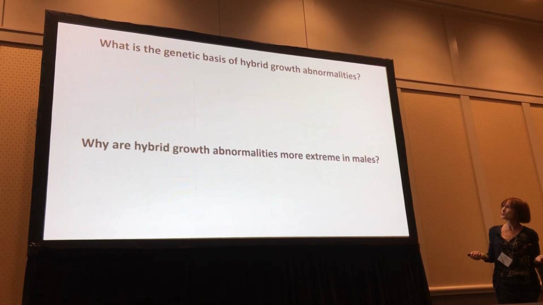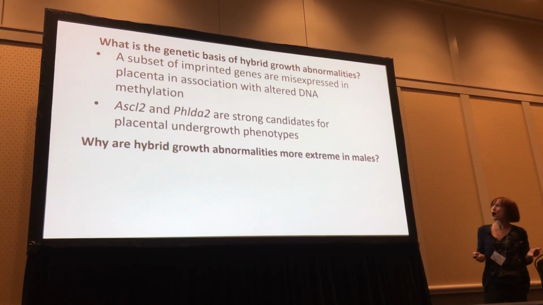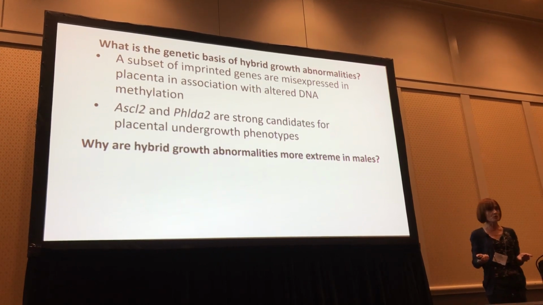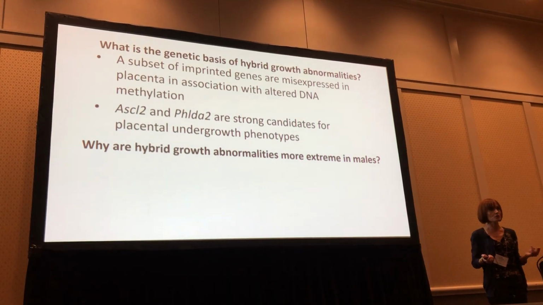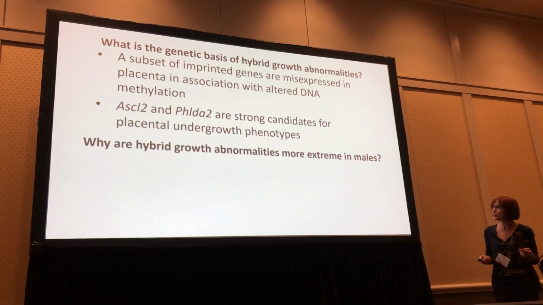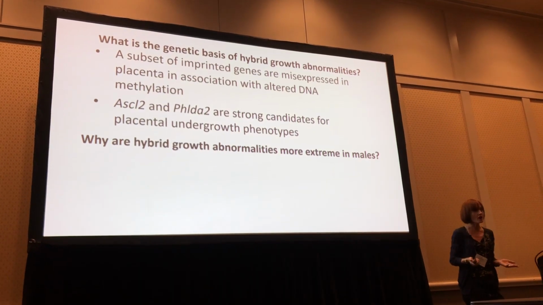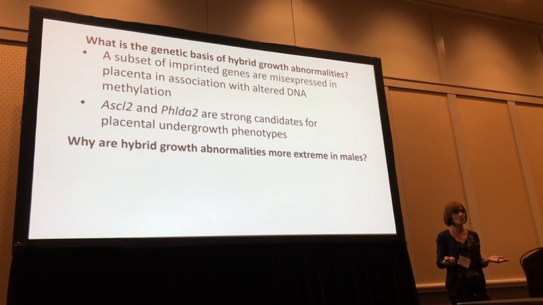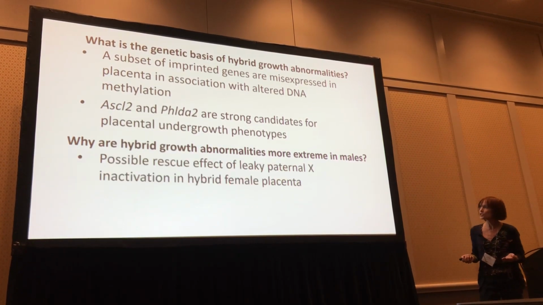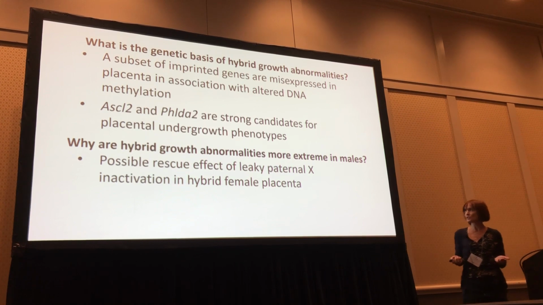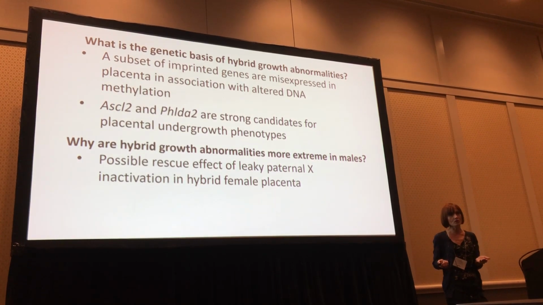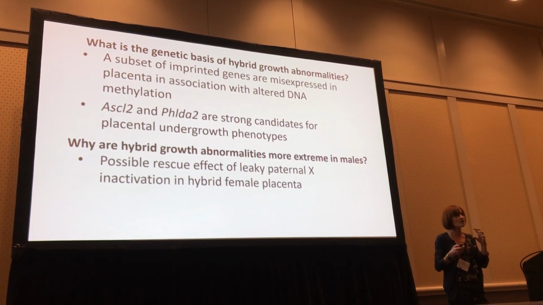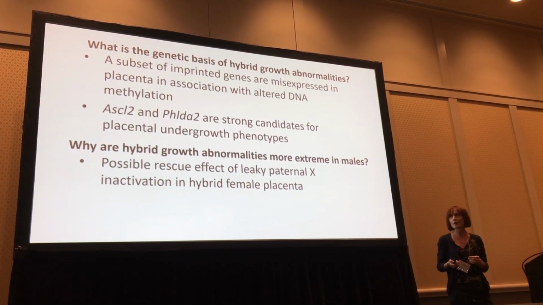So at warp speed, what have I told you? We found that a subset of imprinted genes are misexpressed, and we find two that are really strong candidates for the phenotype. We don't know yet why it is that hybrid males are worse off than hybrid females for this phenotype, but we speculate that there's a possible rescue effect of leaky paternal X inactivation in hybrid females that makes their phenotype less severe than that of hybrid males.